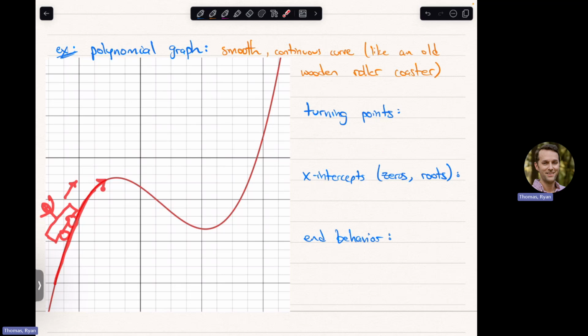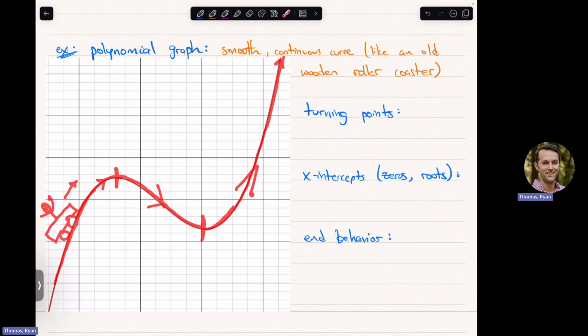We're moving uphill the whole time. But then there's this point where the thing pauses for a second and your stomach drops, and then we drop off and we're headed down for a while until we get here. We get to the bottom of this little hill and then we're going up again. So this thing is initially increasing, moving up, then decreasing as it moves down, and then increasing again.